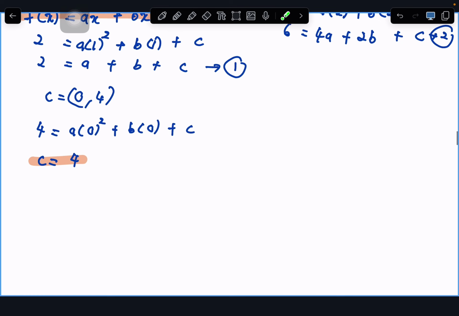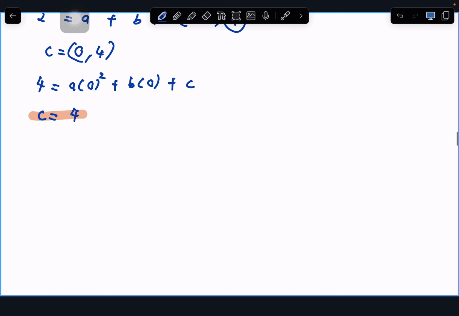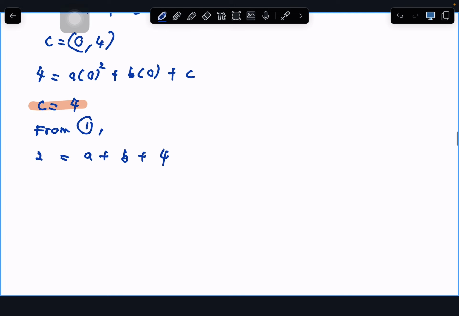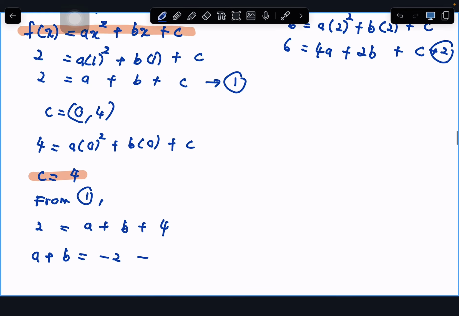So from equation 1, we have 2 equals a plus b plus 4. If we simplify this, we have a plus b equals -2. This is the third equation.